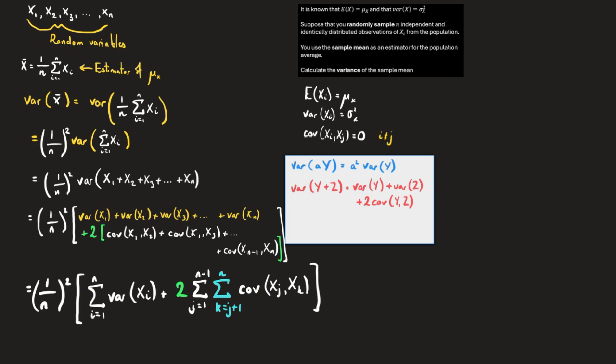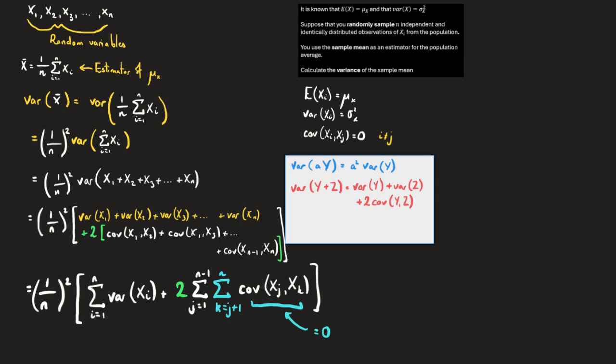But because the observations are independent and identically distributed, it follows that the covariance between the observations is equal to 0. This is particularly because the observations are independent from each other. So that must mean that all of these covariance terms are going to be equal to 0.